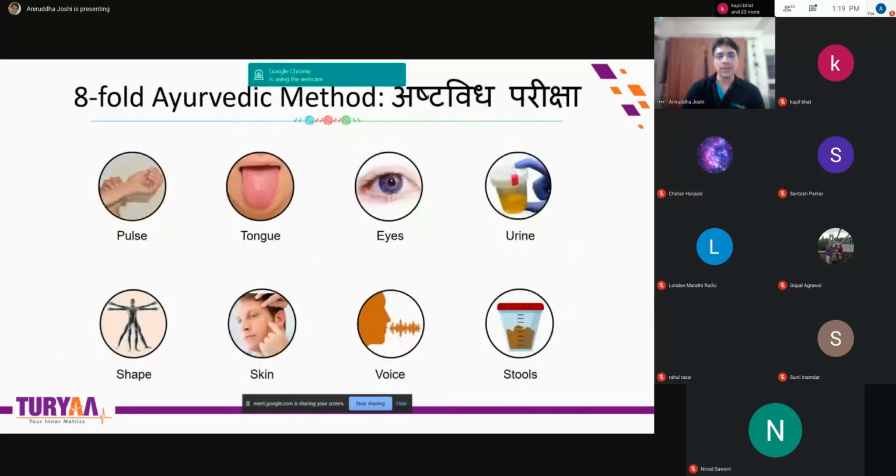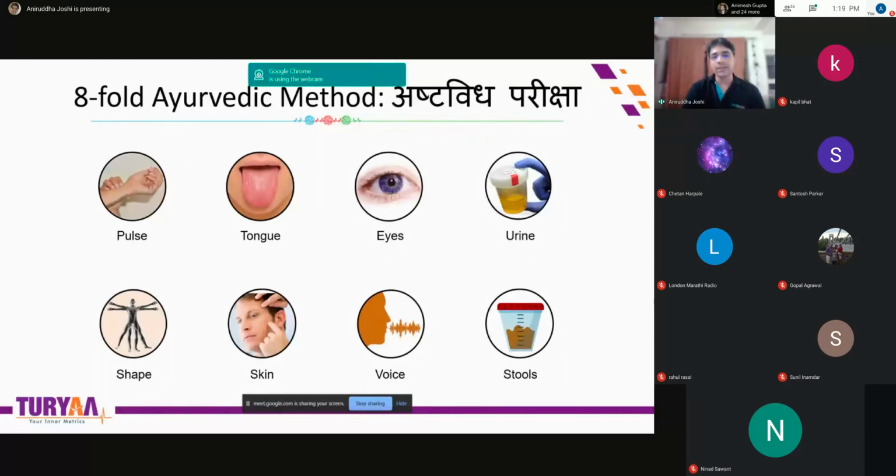This is the method which was used in ancient days in Ayurveda, called Ashtavidha Pariksha. It's an eight-fold Ayurvedic diagnostic method, eight different X-rays we can call them. First is Nadi, tongue, eyes. Even today, our GP, or our family doctor, observes the tongue, the eyes, the skin if required.